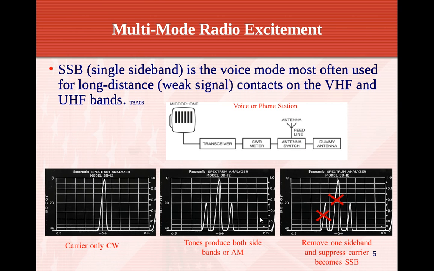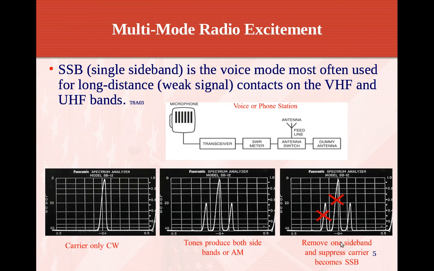So what single sideband does is it takes out the main carrier and removes one of the sidebands, either the upper or lower sideband. It suppresses it, and it becomes single sideband. And later on in your receiver, it gets regenerated with what's called a BFO, a beat frequency oscillator.